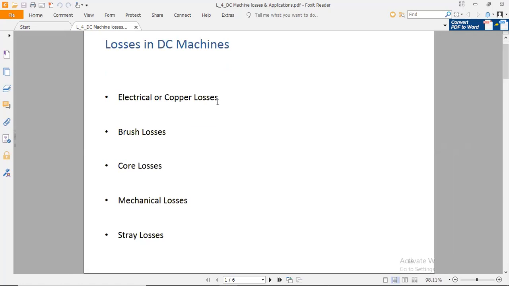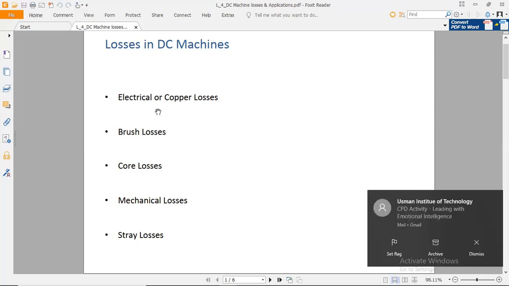Losses in DC machines are what we calculate to find how much power is lost, and the kinds of losses can be physical, internal, electrical and mechanical. The first topic is electrical or copper losses. Then brush losses.